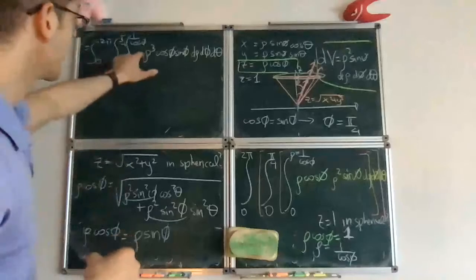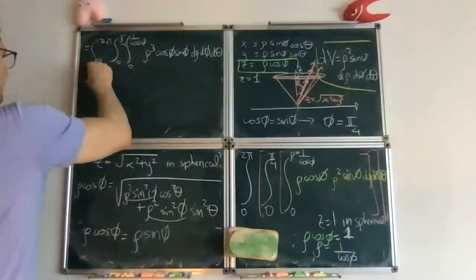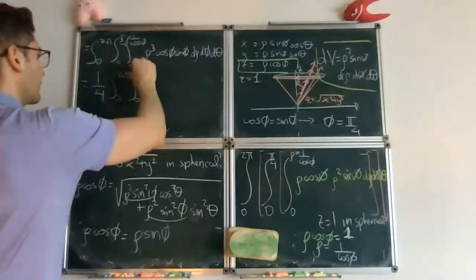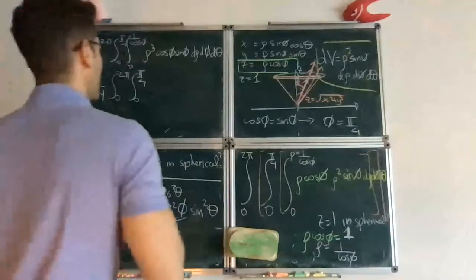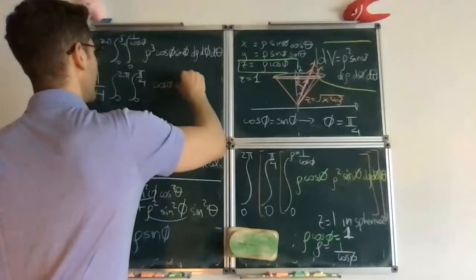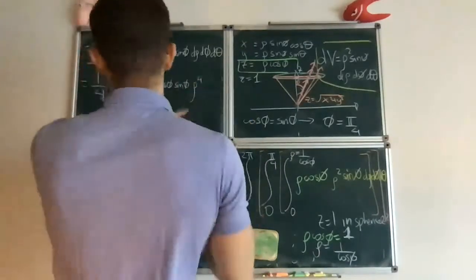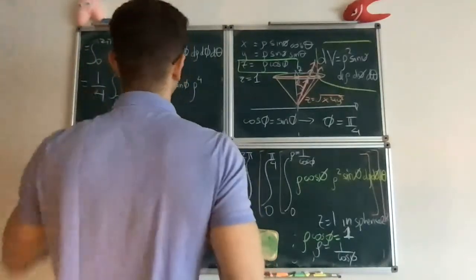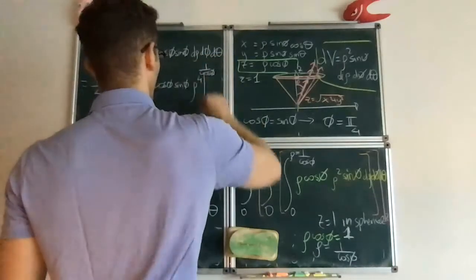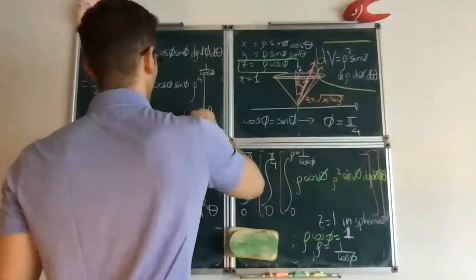And so the first integral is with respect to rho. That just gives you rho to the 4 over 4. So you get 1 over 4 times the integral from 0 to 2 pi, 0 to pi over 4 of cosine of phi, sine of phi, times rho to the 4. Notice that there was a 1/4, which I already pulled out. And so you're evaluating this from 0 to 1 over cosine, and then integrating against phi and theta.